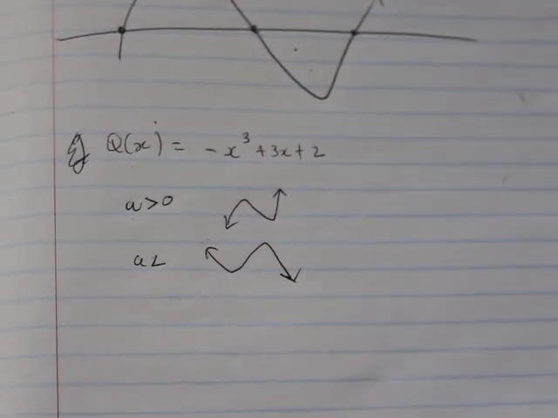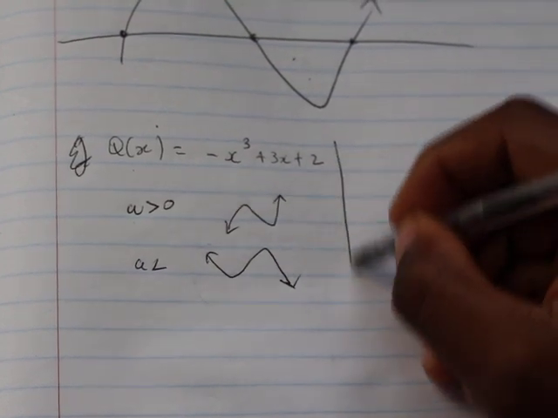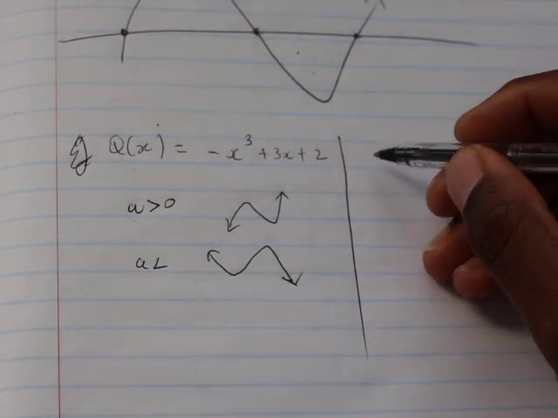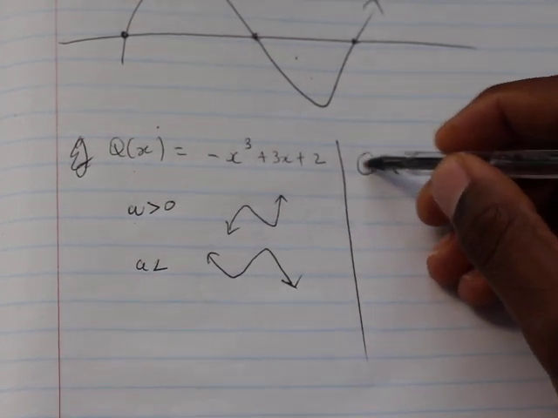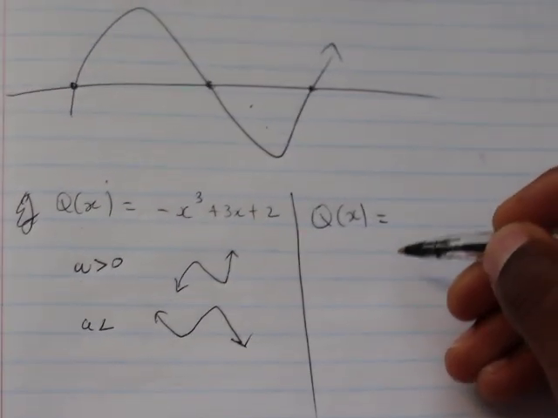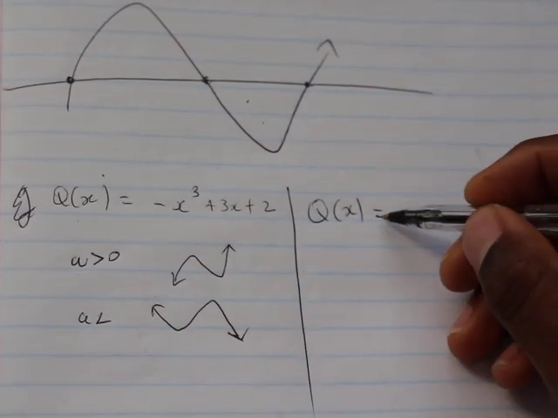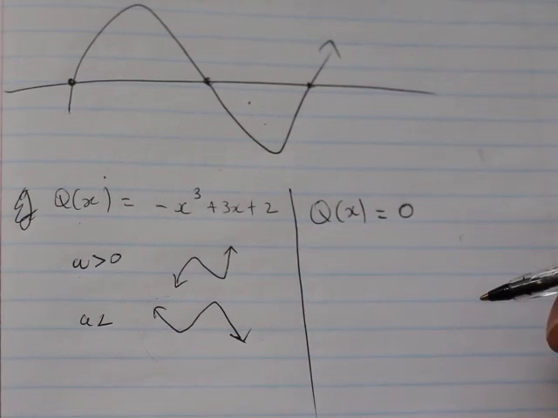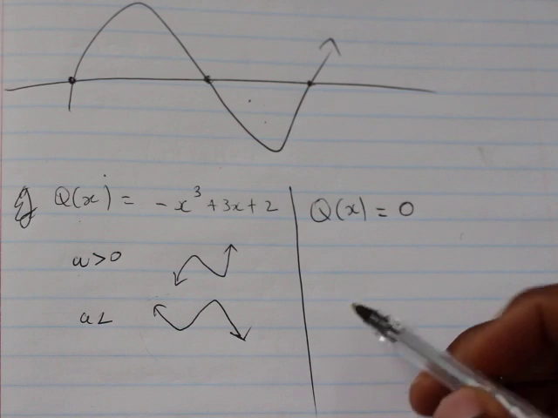Let's get started. So I'm going to start off by finding the intercepts. For the x-intercepts, q of x must be 0. Q of x must be 0 to find the x-intercepts, meaning that the entire expression must be 0.